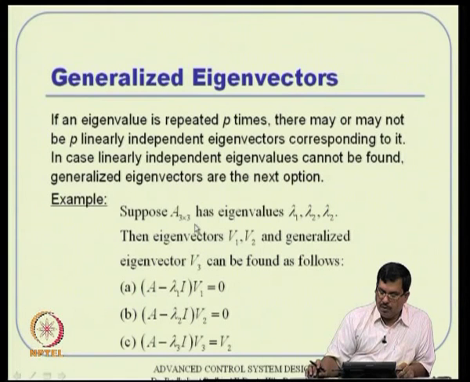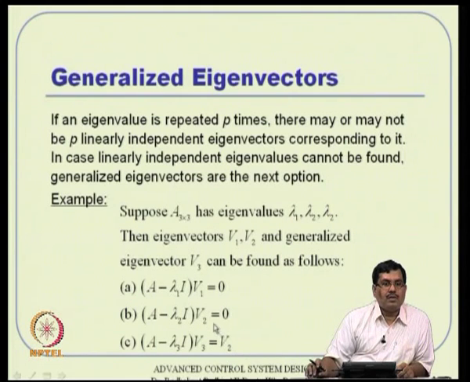Let us say you have lambda 1 and lambda 2, where lambda 2 is repeated twice. For lambda 1 and lambda 2 you will get V 1 and V 2 anyway. But for the third lambda, which is the same as the second lambda 2, suppose there is no linearly independent eigenvector. Then you formulate an equation where the right hand side is not equal to 0, but is equal to V 2.